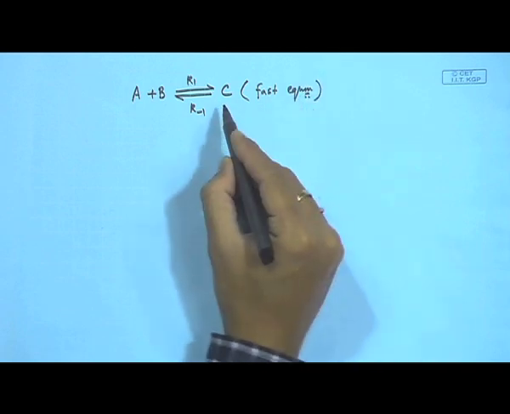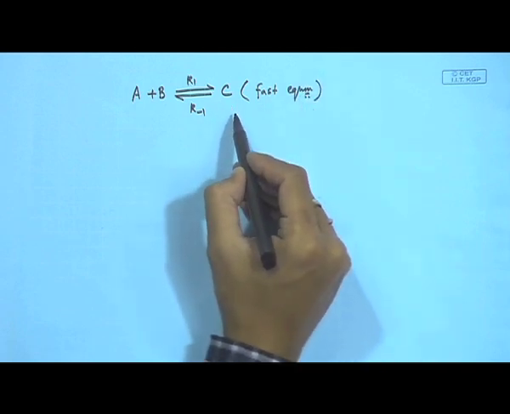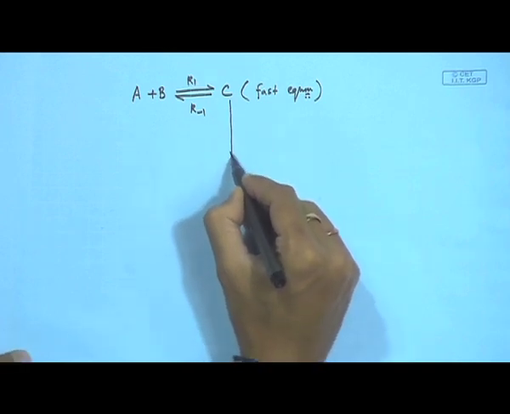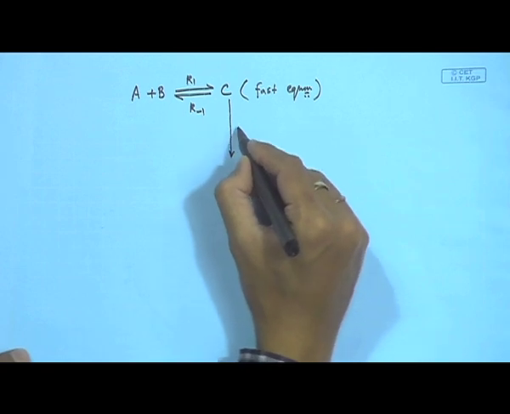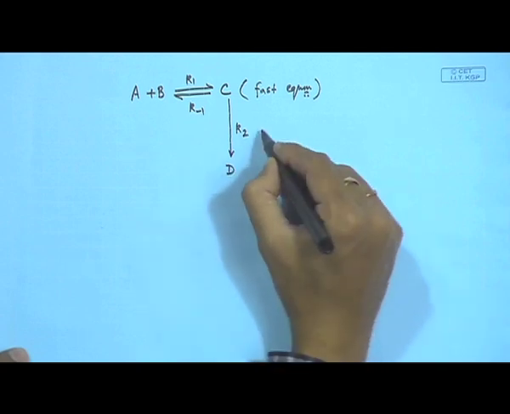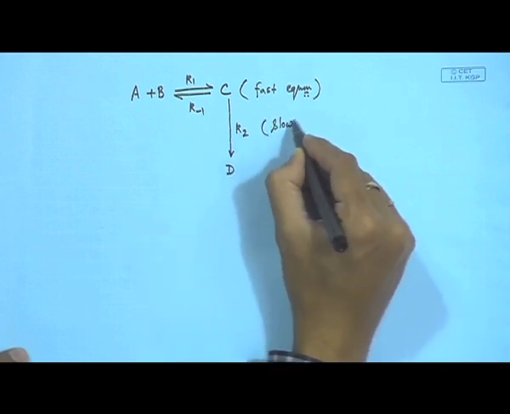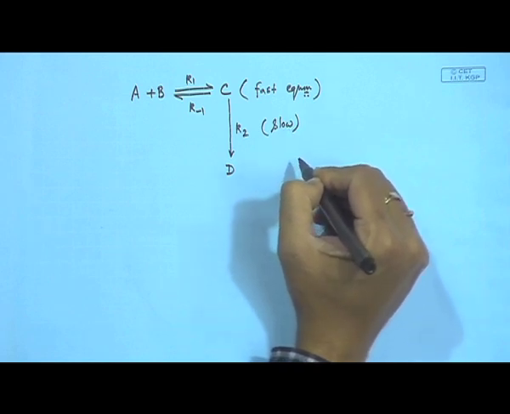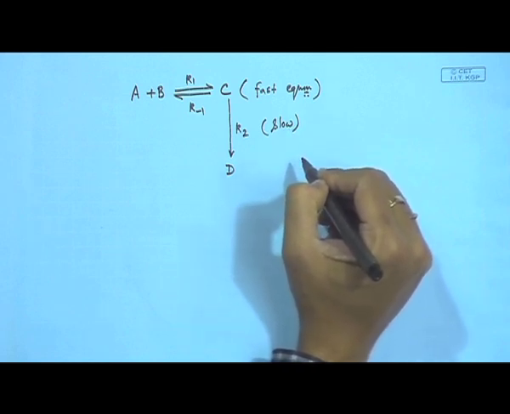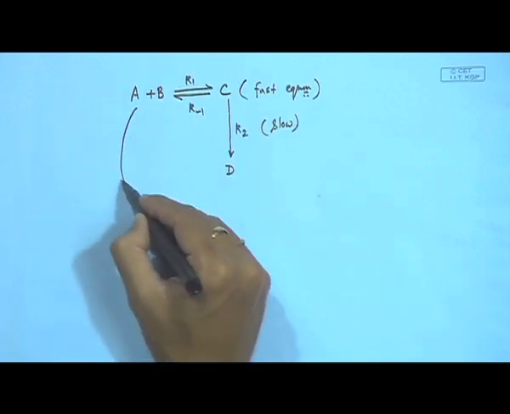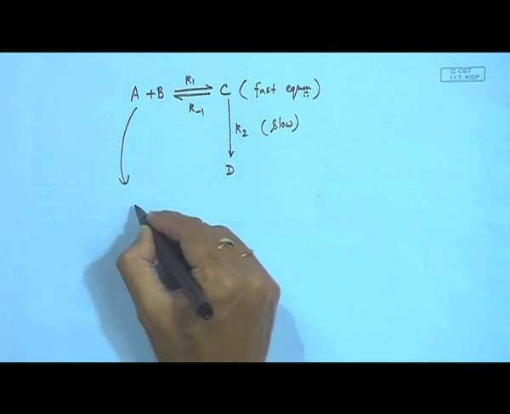This equilibrium is established very fast. Then the C undergoes a further reaction with K2 producing D, and this is the slowest step.